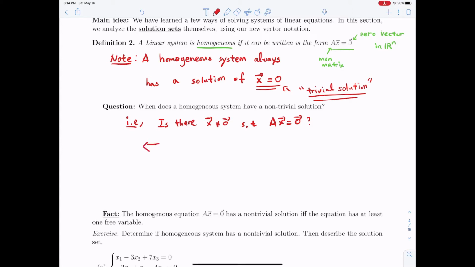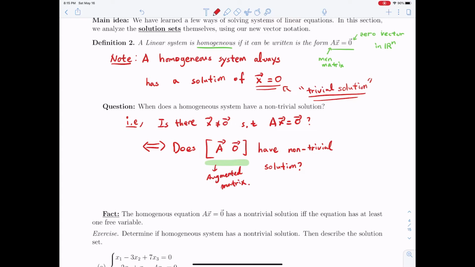Or if you write that as an augmented matrix, then it is equivalent to ask whether the matrix given by A and 0 has a non-trivial solution. So if you think about the problem in terms of the augmented matrix, then when you RREF the given augmented matrix, suppose that you have a pivot position in each row, so every variable is a basic variable, then the solution is unique, it is 0, because we have a trivial solution.